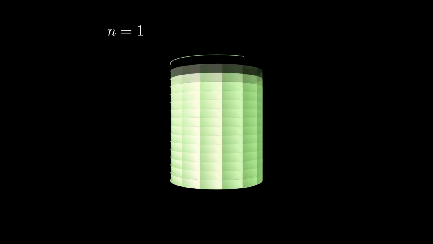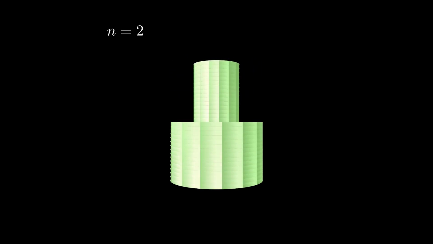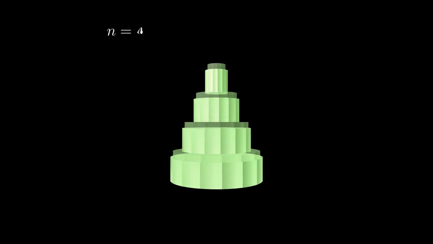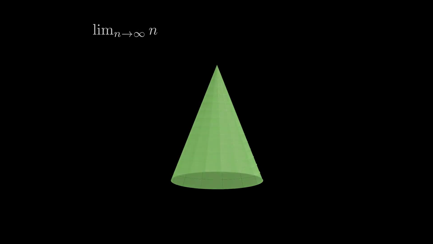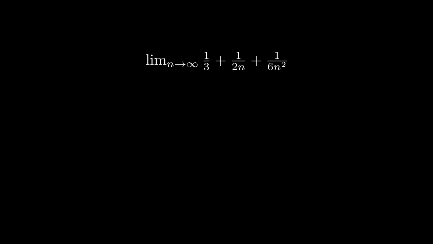If you recall the original series, n keeps getting bigger and bigger until the shape reaches that of a cone. Our goal was to find the volume of a cone. So in order to do that, we need to take the limit as n approaches infinity. Here, as n gets bigger and bigger, the 1 over 2n and 1 over 6n squared completely vanish.